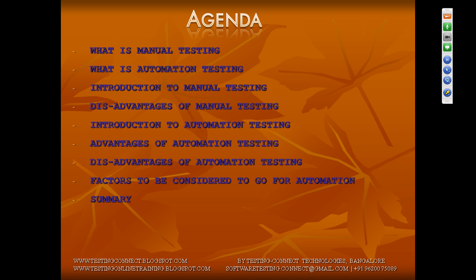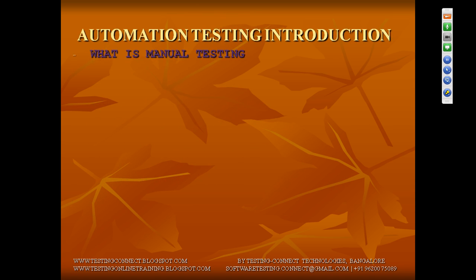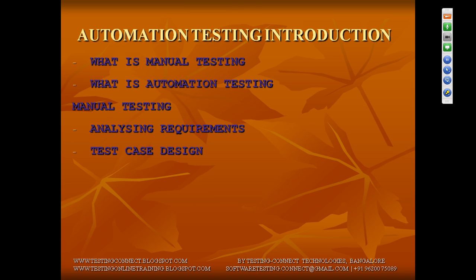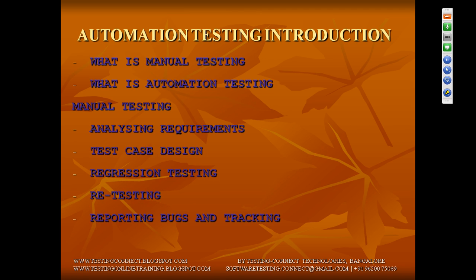So this test case execution you can consider as regression testing. Okay, and retesting: while performing regression testing, if you find any mismatches, you can report them to developers for fixing.